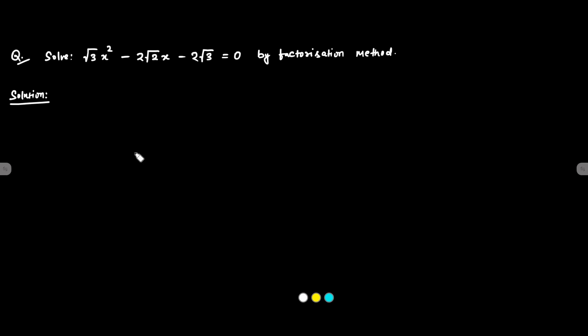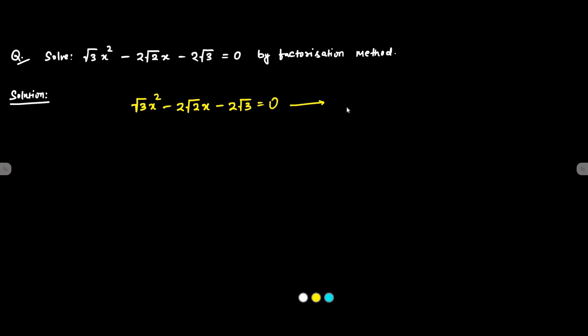So first we will write the quadratic equation √3x² − 2√2x − 2√3 = 0.